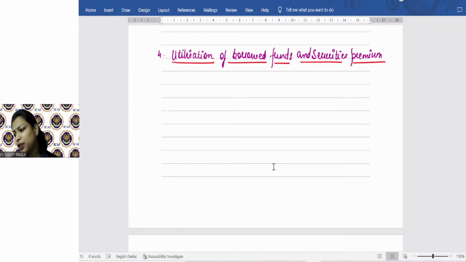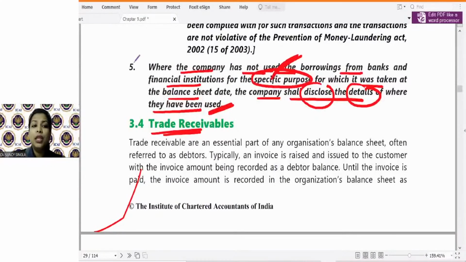But can you explain 4th point again? Just, I think you are talking about the 5th point, which is what? I'm repeating this point, students. So this is what additional regulatory information that the company has to mention by itself.